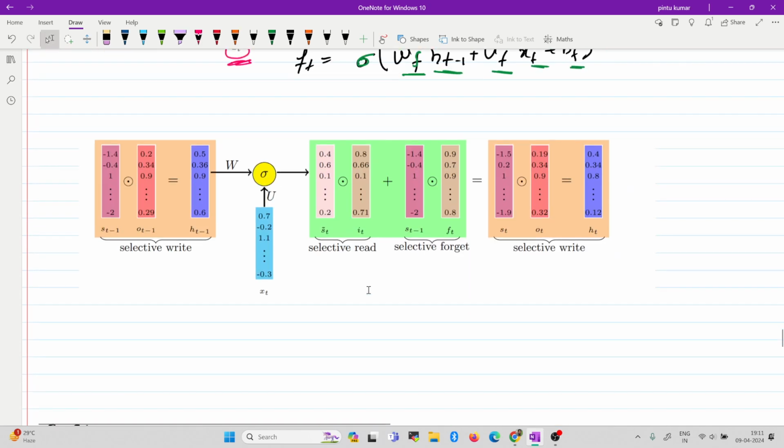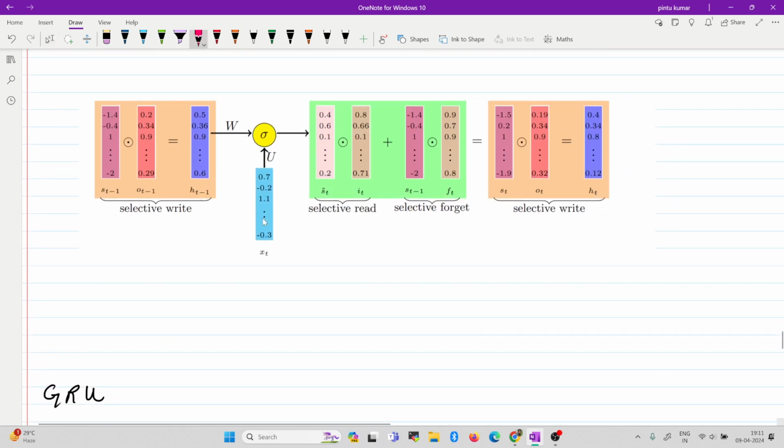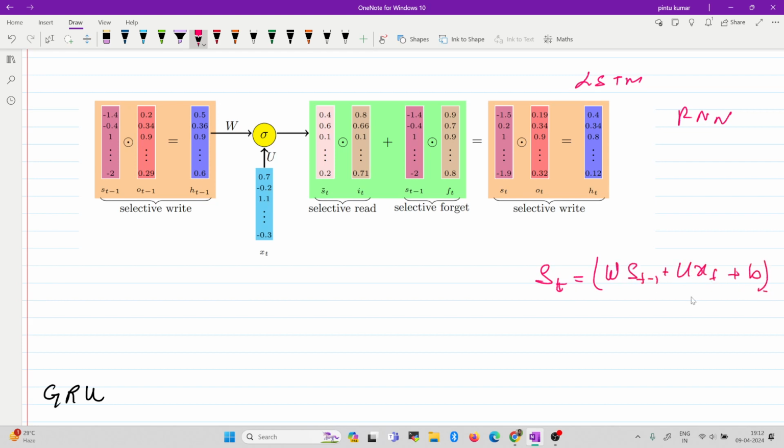So this is the complete structure of your LSTM. In your RNN, you had a very simple calculation: s t was W s of t minus 1 plus U of x t plus b, right? Now this s t has been modified a lot.